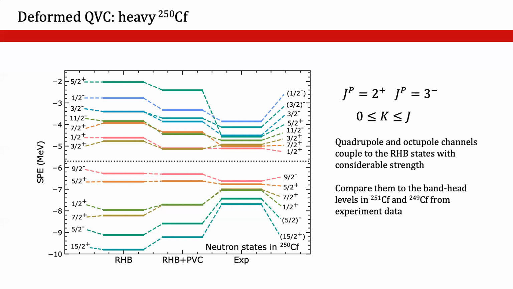So we can only see the one particle, one hole correlations, and here we only include the quadrupole and octupole vibrations, and we hope, of course, these two are the most important vibration modes, but the easiest way to see the improvement is adding more vibration modes, and adding more correlations in our energy-dependent self-energy.